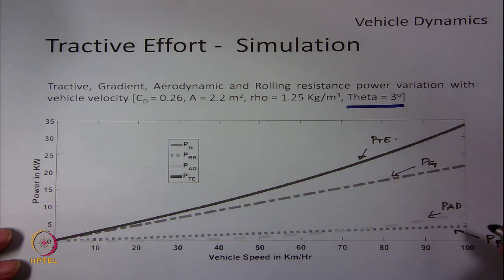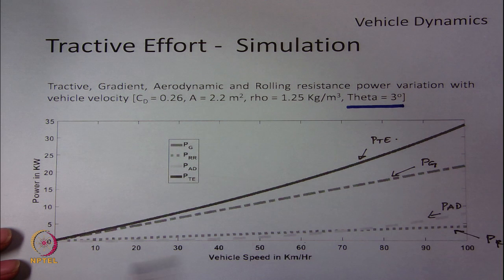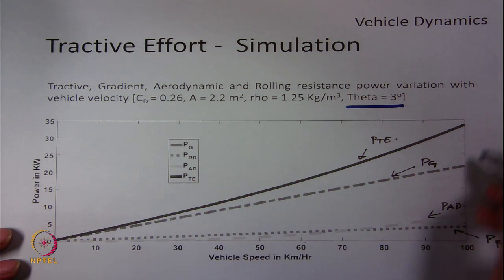So, gradient power now is extremely high. At 100 kilometer per hour, it requires almost 20 kilowatt power. So, if we are driving the vehicle on a slope of 3 degrees, the gradient power itself is so huge, around 20 kilowatt. The total tractive effort will be somewhere close to 35 kilowatt.